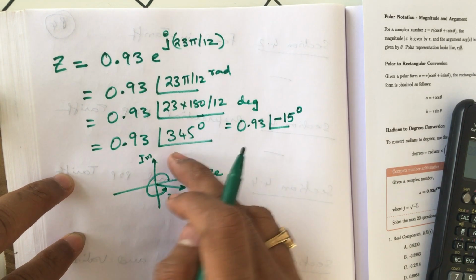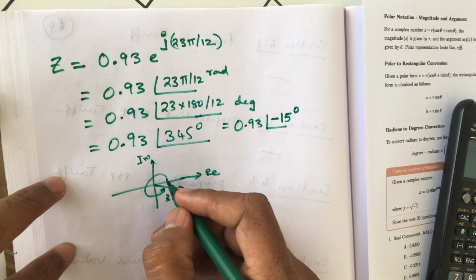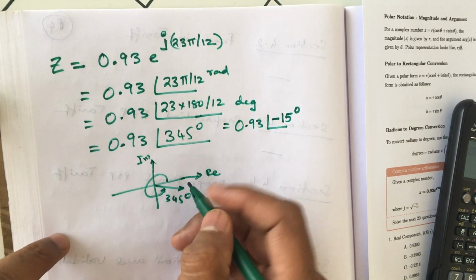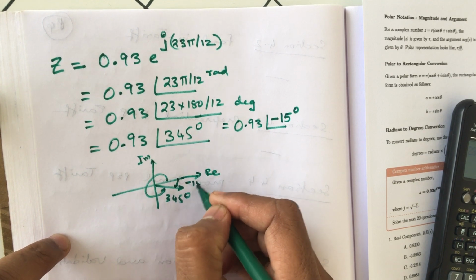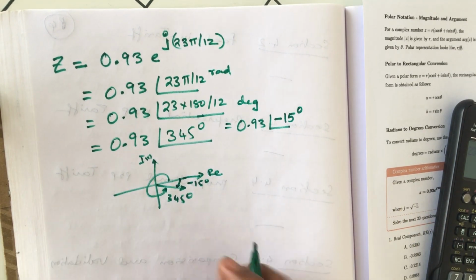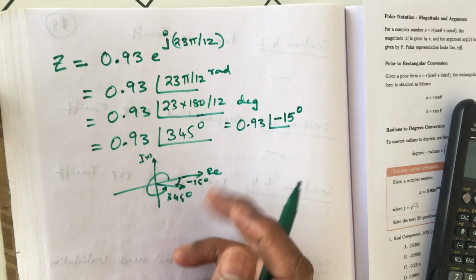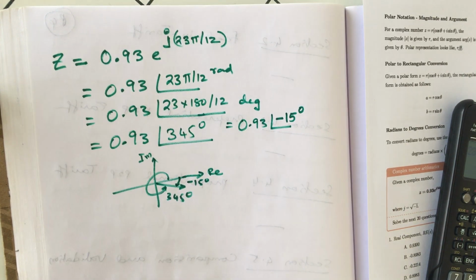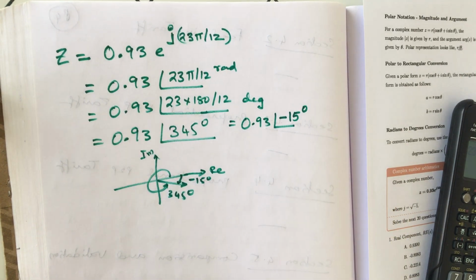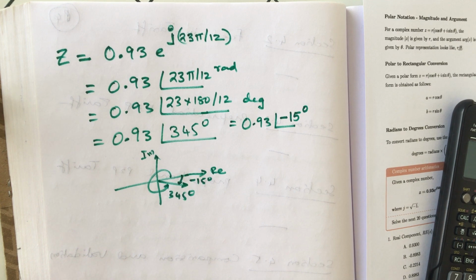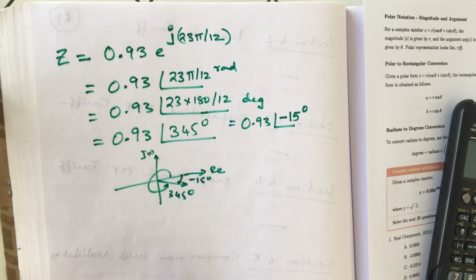Both are equivalent; you can measure the angle in the positive direction, anti-clockwise, or the negative direction, clockwise. So both are the same. I am doing the phasor notation.